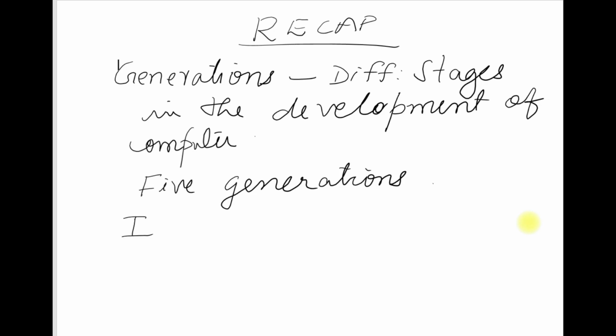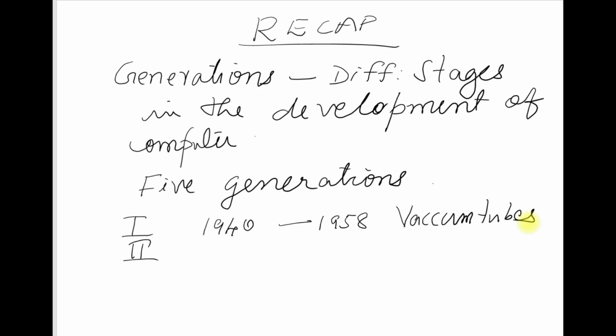First generation, in the year 1942 to 1958, vacuum tubes were used in them. Second generation, during the period 1959 to 1963, transistors were used in them.